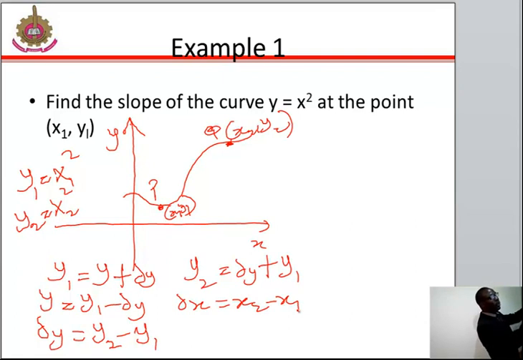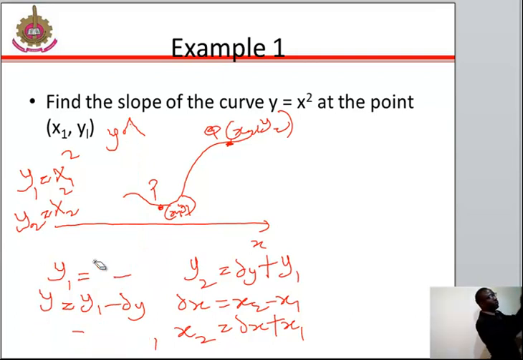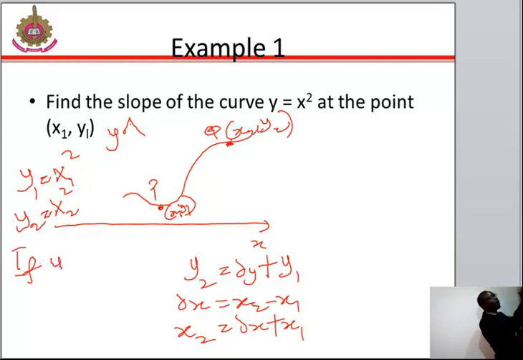And definitely you are going to have your x2 to be delta x plus x1. At this stage, you have your y equal to x squared.